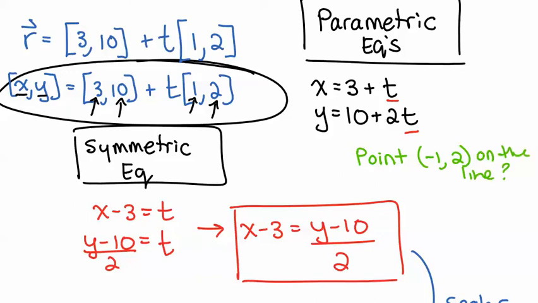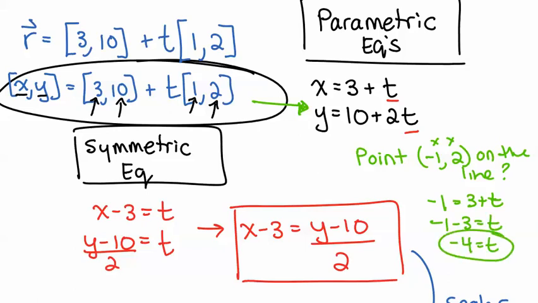If we just had our vector equation, what we could do is split it up into our parametric equations, which we already did, and then sub in these values for x and y. So we could sub in -1 equals 3 plus t and solve for t. -1 minus 3 equals t, so -4 is equal to t.